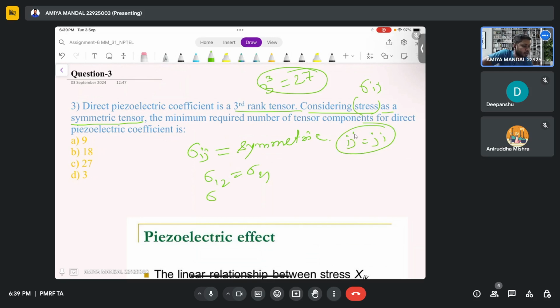Then sigma 2 3 equals sigma 3 2, and sigma 3 1 equals sigma 1 3. So 6 components should not be there. What is the minimum required number of tensor components for the direct piezoelectric coefficient?